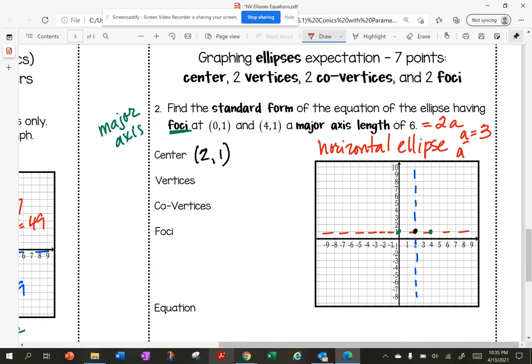So that means a squared equals 9. Okay, so a is 3, so I'm going to go 3 to the right and to the left of the center. So 1, 2, 3, 1, 2, 3. So my vertices are at 5, 1 and negative 1, 1.